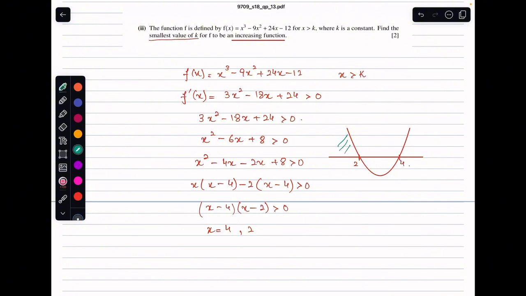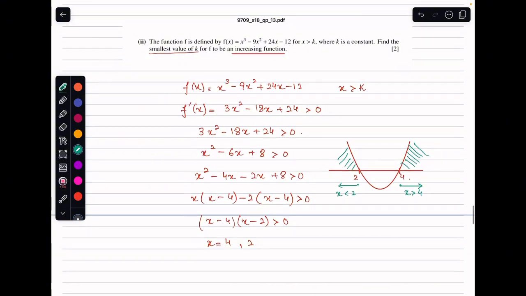Then that means we are talking about all the values which are above the x-axis. That means it should be on the right side of 4 and on the left side of 2. So here I can say that the inequalities that I am getting are x less than 2, and x greater than 4. So these are the two conditions that I have here. But the condition that the question has given says that x needs to be greater than k.